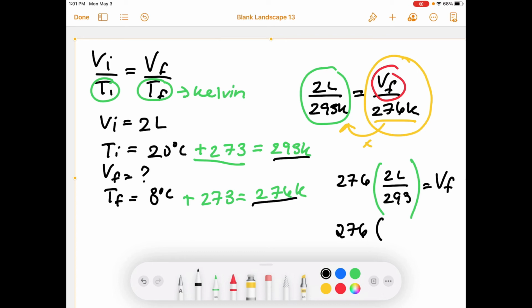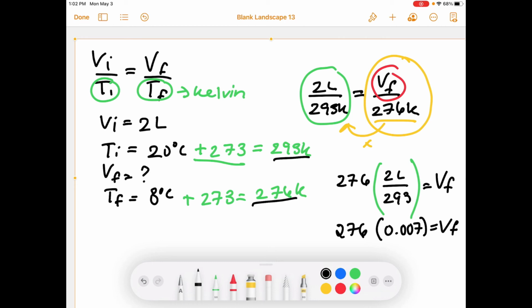Give me 1 second, let me put it in my calculator. I got the final answer, but I didn't do what's in the parentheses for you guys. So it's going to be 2 divided by 293, which is going to give you a funky decimal, which I'm going to round to this.